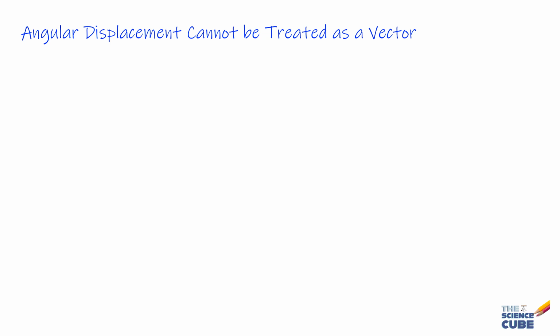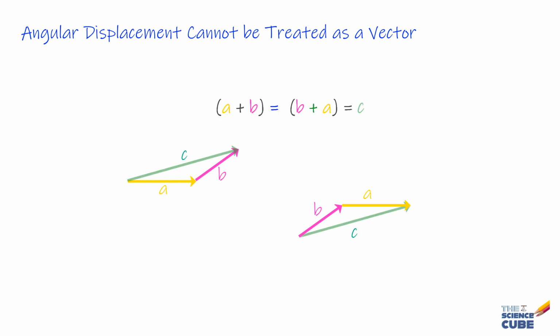However, to be represented as a vector in the traditional form, a quantity should also follow the rules of vector addition. So, if you recall the lesson on vectors, if you add two vectors, the order in which you add does not matter. But you see, the angular displacement fails this test.